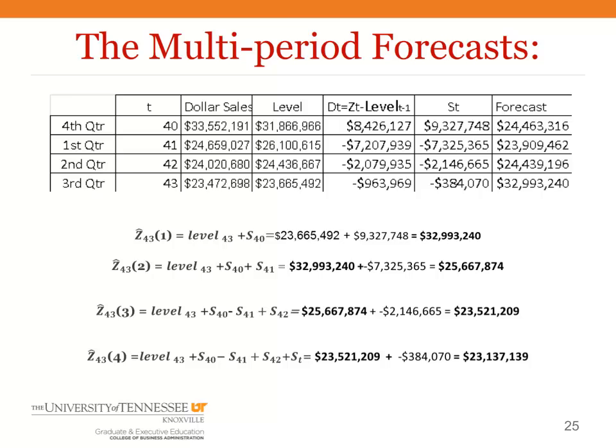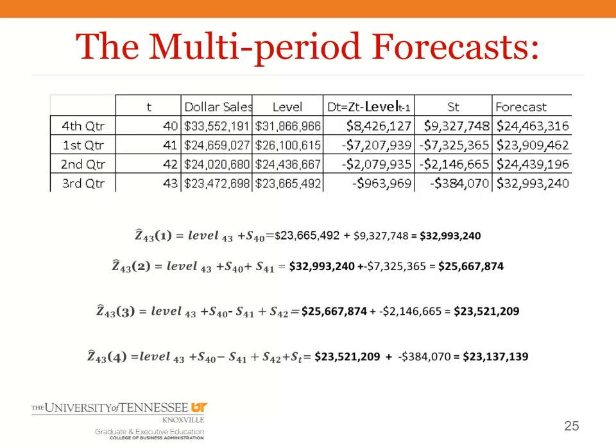This is the problem we originally posed. And so to make that forecast, I would add the level and the S sub t, or the smooth level associated with fourth quarter of last year, and I would get that forecast there of 32,993,000.